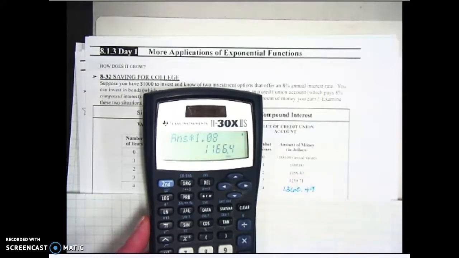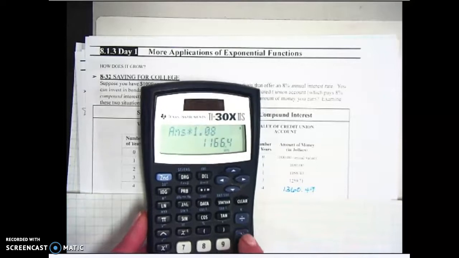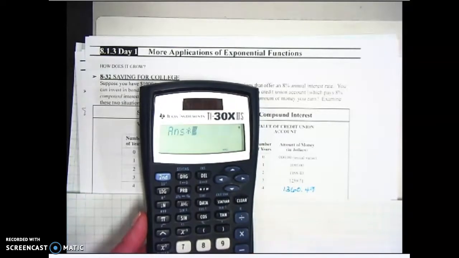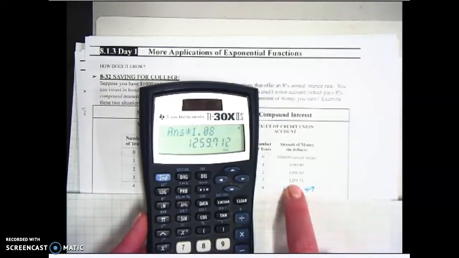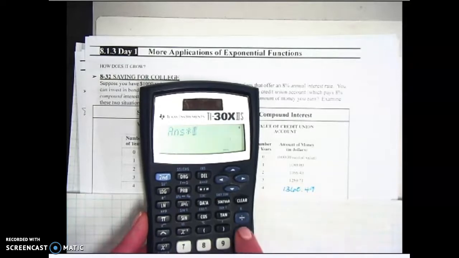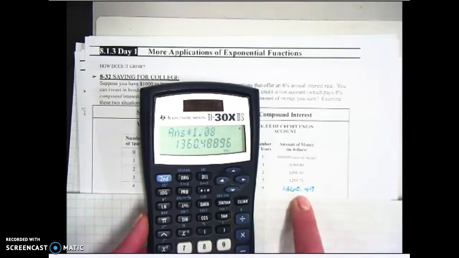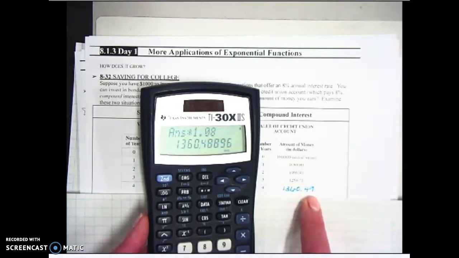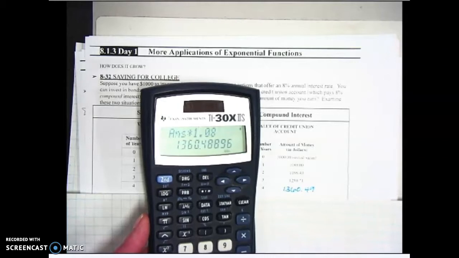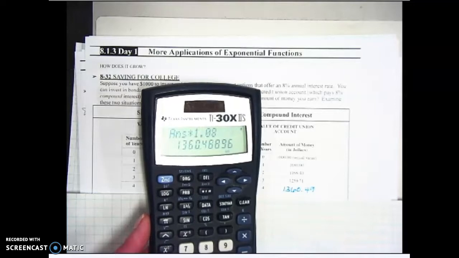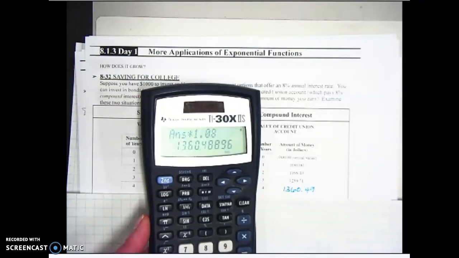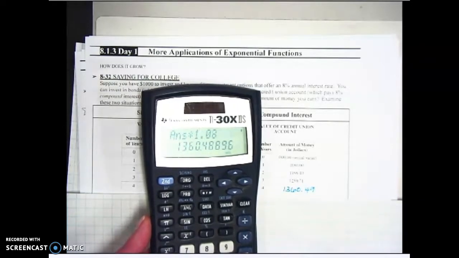Then I want the previous answer in there again, so I simply hit times 1.08 again, and I get $1,259.71. Then I'm going to hit times 1.08, and I get $1,360.49. Okay, so each time, what am I multiplying by? 1.08. Okay, the 0.08 is the percent, and the 1 is the previous amount.